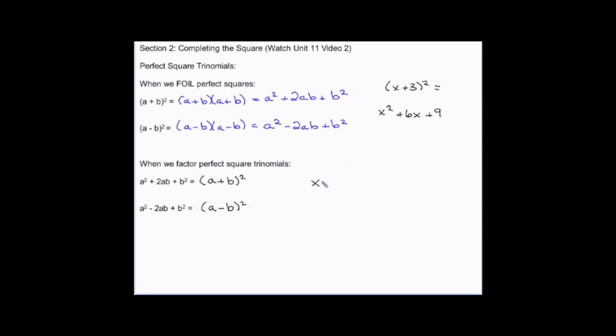So for example, if I had x squared plus 10x plus 25, the square root of x squared is x, the square root of 25 is 5, 2 times x times 5 was 10, so I got x plus 5 squared. I'm going to use this in order to solve our quadratic equations.